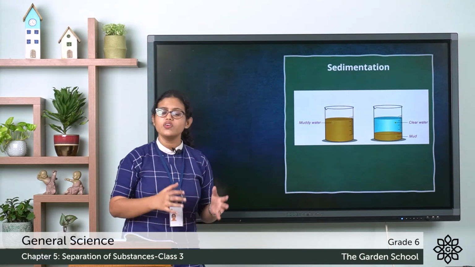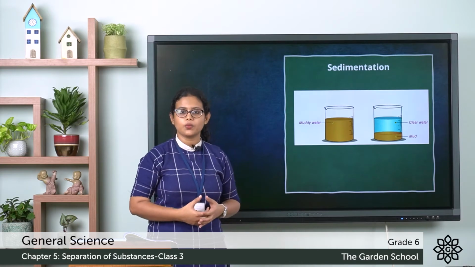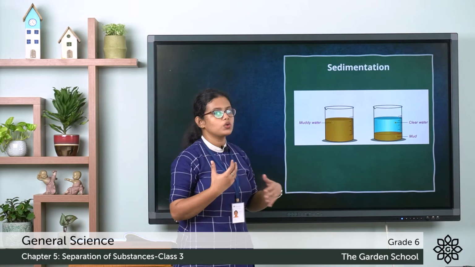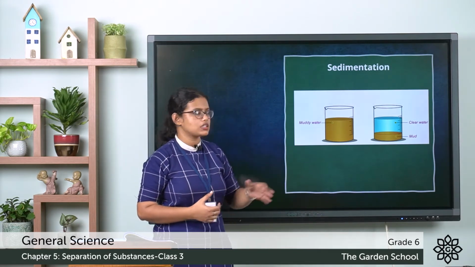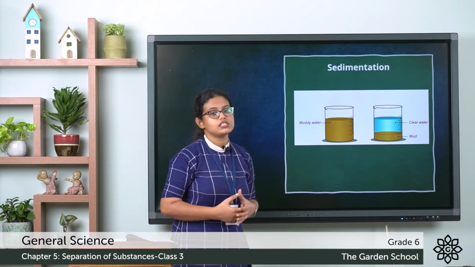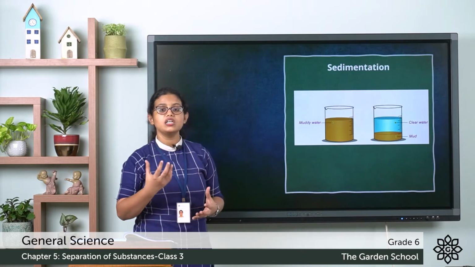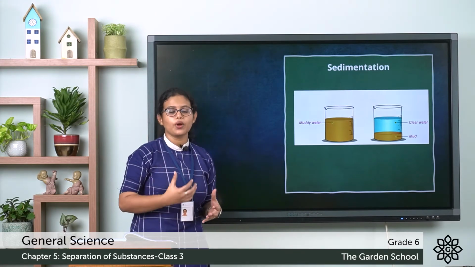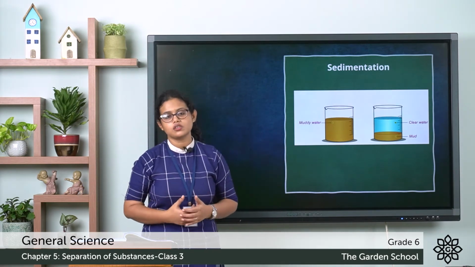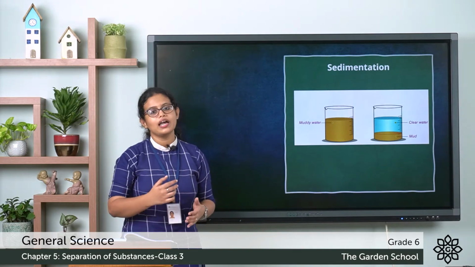The process of separation of undissolved particles from liquid, we call sedimentation. The undissolved particles at the bottom are called the sediment. Here the sediment is the mud. So this is the first method for separating insoluble solids from liquid.